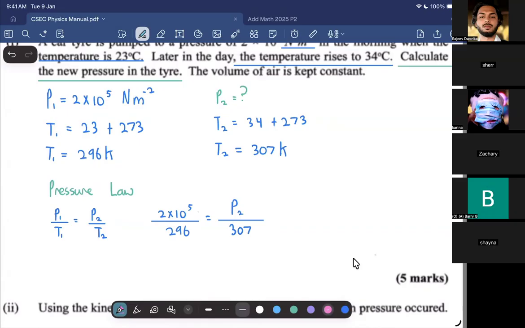So anytime you have a fraction on either side, you could cross multiply.